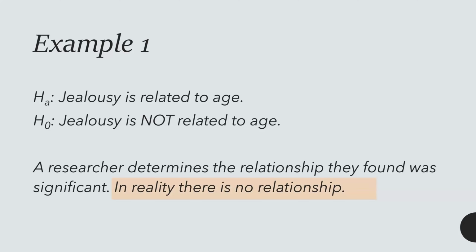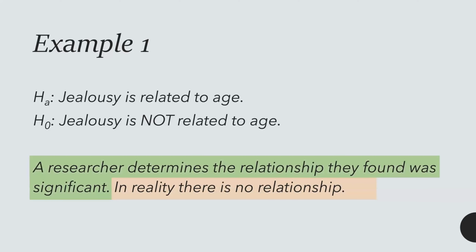Our reality, which is what I like to start with, is that there's no relationship. So we should not reject the null hypothesis because it is true. And then a researcher determines the relationship they found was significant. When it's significant, that means that we're rejecting the null hypothesis, but we just said that in reality there's no relationship, so we shouldn't reject it. So this is a type 1 error.